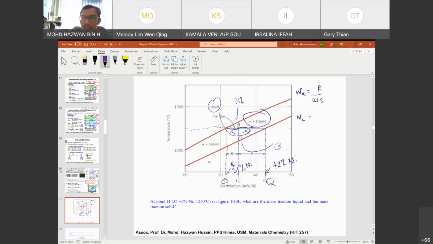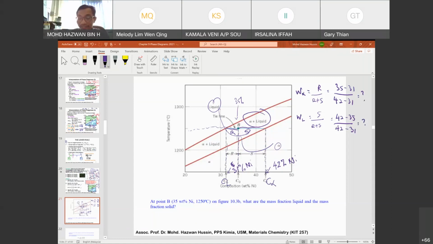So opposite line is S. So R equals 35 minus 31 divided by 42 minus 31. S, 42 minus 35 divided by 42 minus 31. Okay, so you will get the answer later.